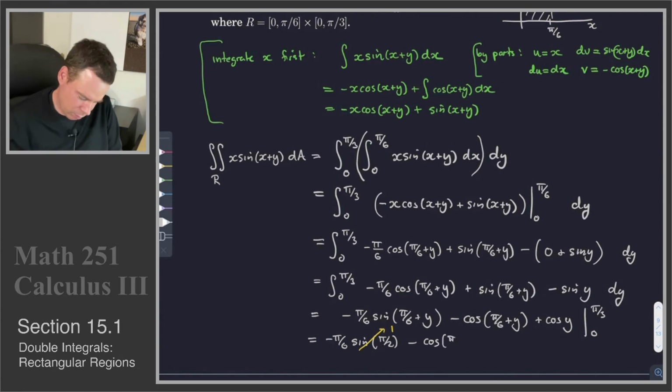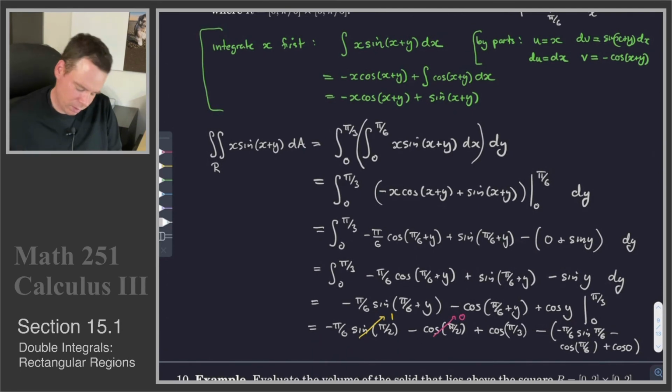Cosine of pi/2 is 0. Plus cos of pi/3. And then we take away everything we get when we plug 0 in. So minus pi/6 sin(pi/6), and then minus cos(pi/6), and then plus cos 0.